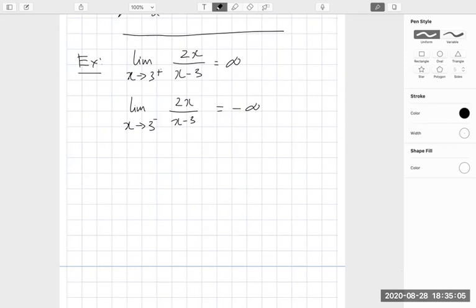We pick some specific values of f of x, some numbers near 3, of 2x divided by x minus 3.